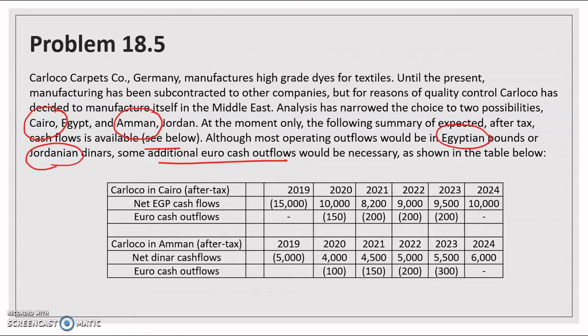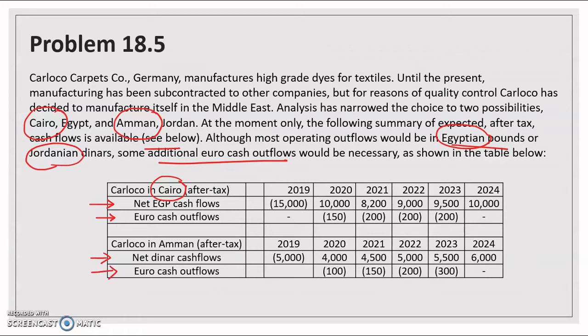Okay, so this is a unique type of summary with regard to cash flow statement where both types of currencies are expressed. For the one in Cairo, the two line items are one in Egyptian pounds and the other one is additional euro cash flows. And the cash flow statement for Jordan, Amman, is indicated in dinar cash flow and also additional euro cash flows.